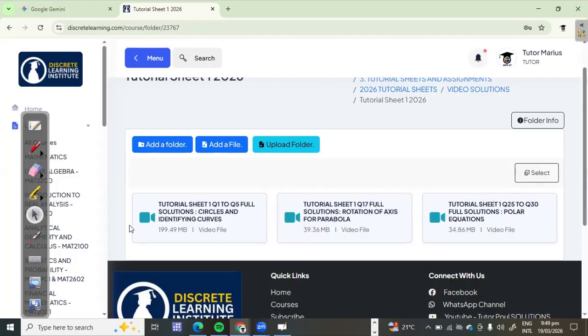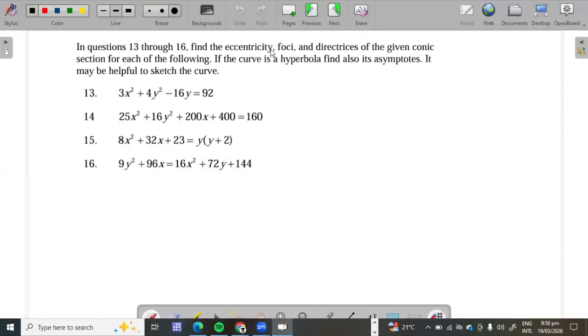Then you build up an understanding from there. Then those from question 25 to 30, they are here. You can follow through there. Okay, so this is how you can access the website and the solutions. Now, let us go into the discussion that we want to have today, which is here.